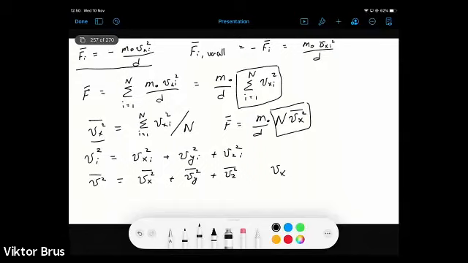Vx square average should be equal to Vy square average, and that should be equal to Vz square average. Because we have random motion, we have equal opportunity for these molecules to move in any direction.